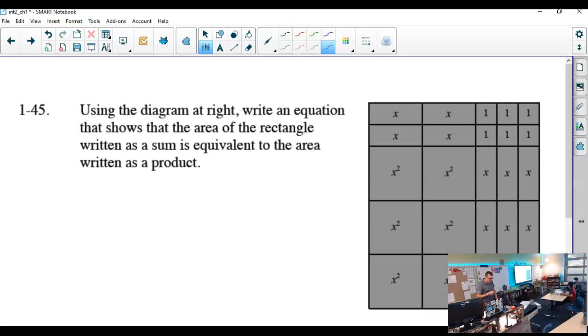So if we go to write this as a dimension, Eric, help me out. What's the top dimension here? Yeah, 2x plus 3. Dinesh, what's the left dimension?